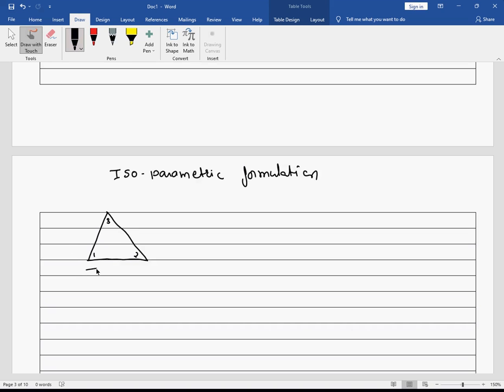So therefore, this is my Q1, this is my Q2, this is my Q3, this is my Q4. I am talking about this only. In the global coordinate system, according to node number, this will change. This is my Q5, this is my Q6. So these are the displacements of nodes 1, 2 and 3.